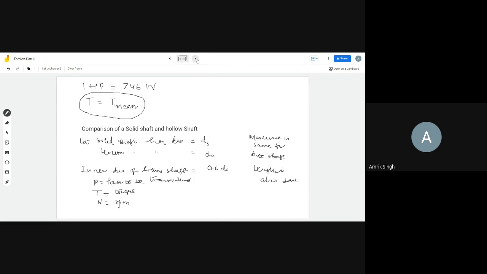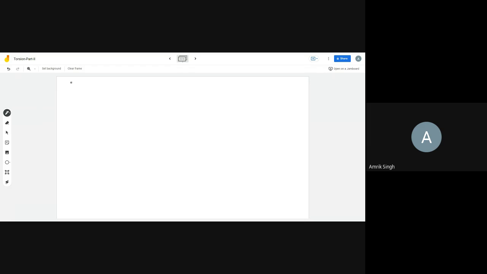Let us first take the maximum shear stress.